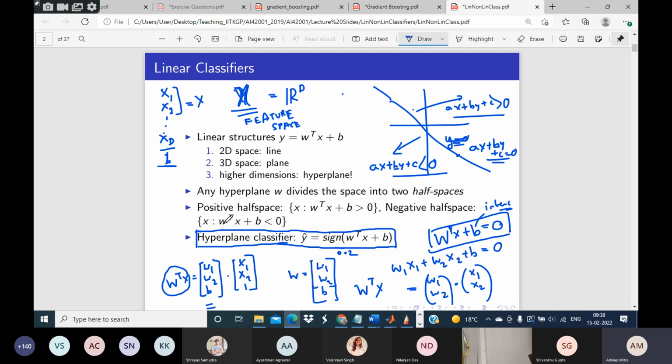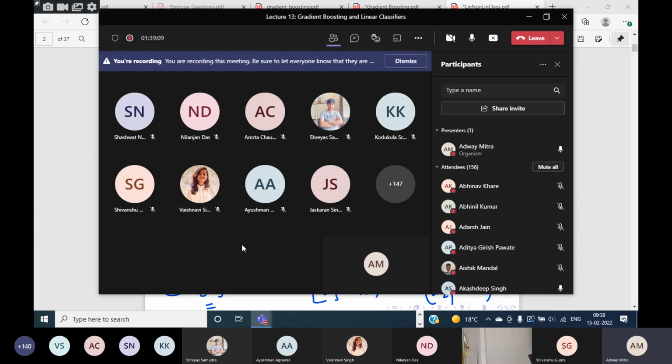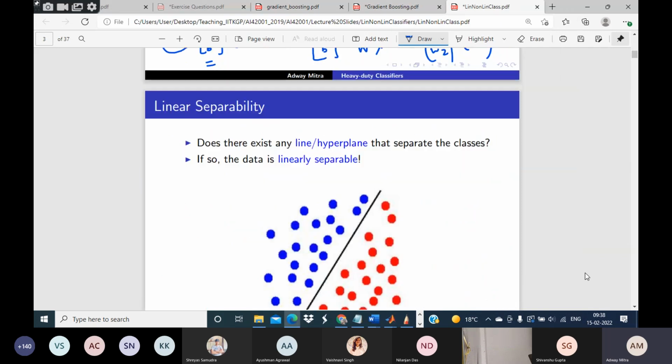And for those points in the negative half space, if I take its sign, it will be -1. So this hyperplane classifier basically predicts the class label to be +1 in one half space, and -1 in the other half space. That is the definition of a linear classifier.